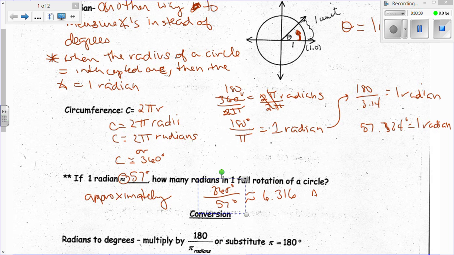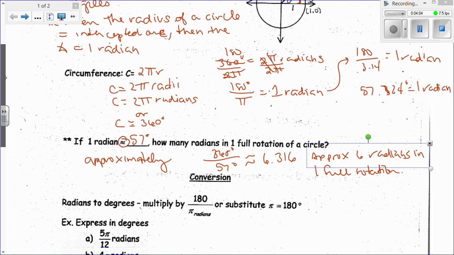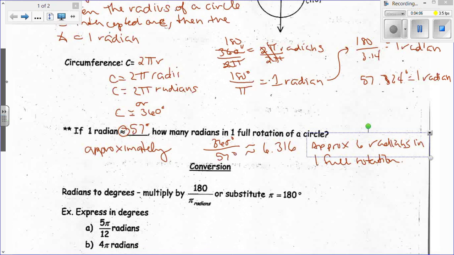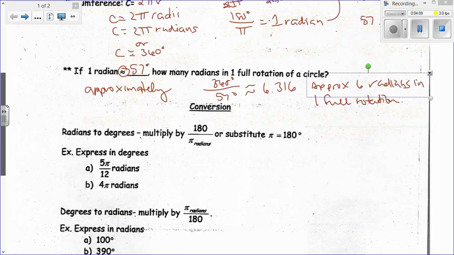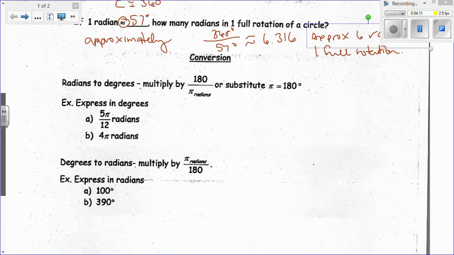So there are approximately 6 radians in one full rotation. So that's where we come up with a radian measurement and how much it's equal to.